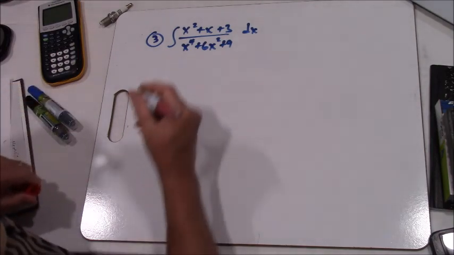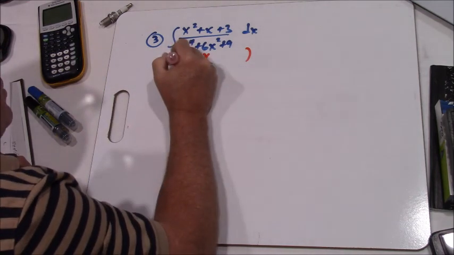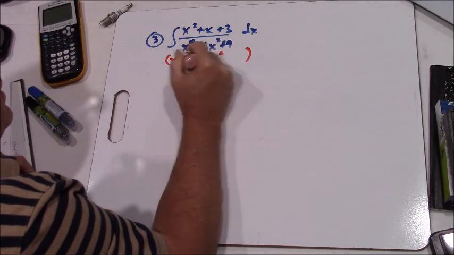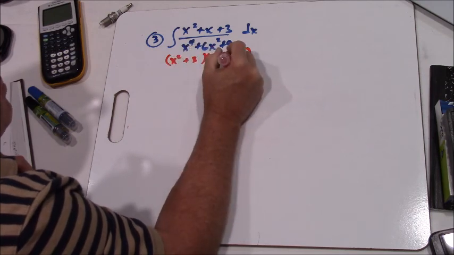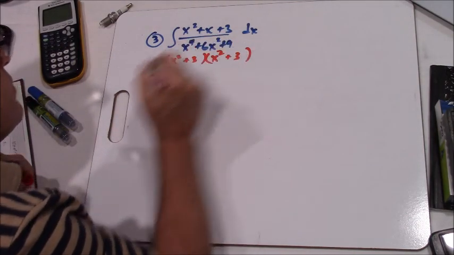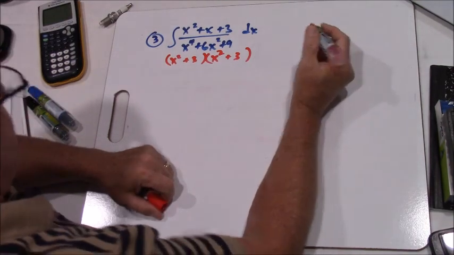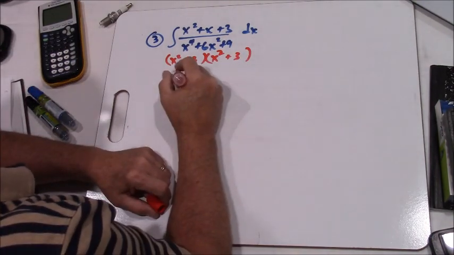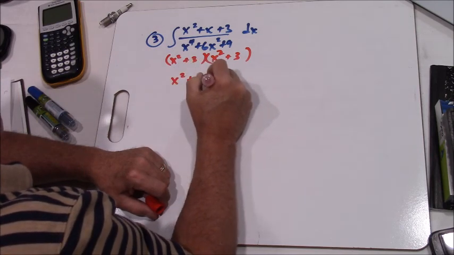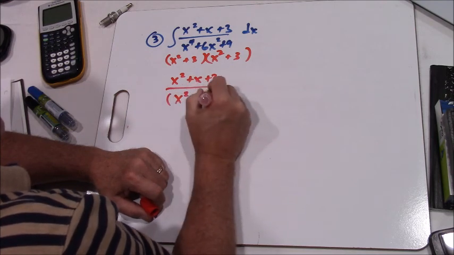All right, so I think if I factor this, this could be x squared, this could be x squared, and then plus 3 and plus 3. So that works. So that means that, I'm just going to write it right here and I'll go back and erase it. So I've got x squared plus x plus 3 over x squared plus 3 squared.